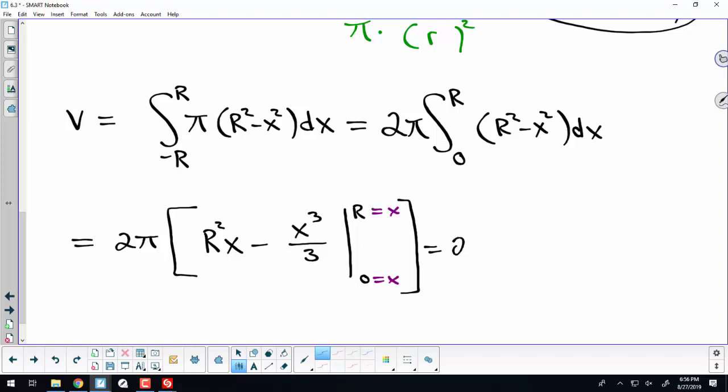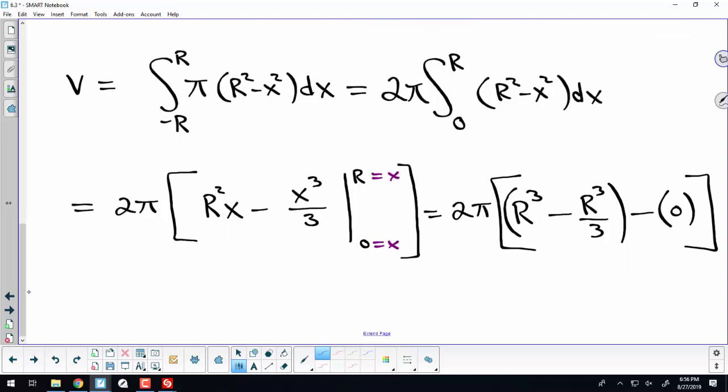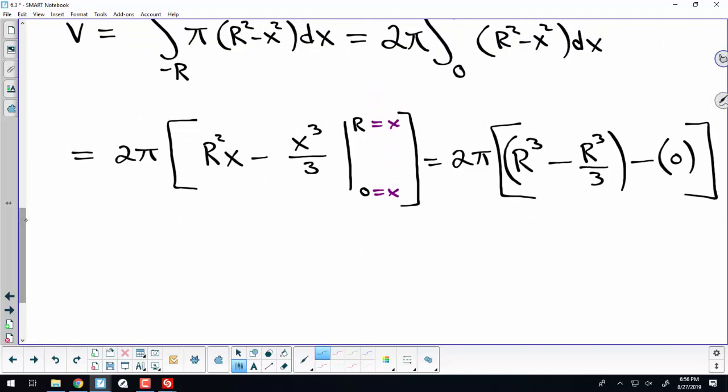So we have then 2 pi. In for x, we have r squared times capital R, so this is r cubed. Minus, in for x here, we have r cubed over 3. So there's our antiderivative at the upper limit, and at the lower limit it's 0. So we have 3r cubed over 3 minus r cubed over 3.